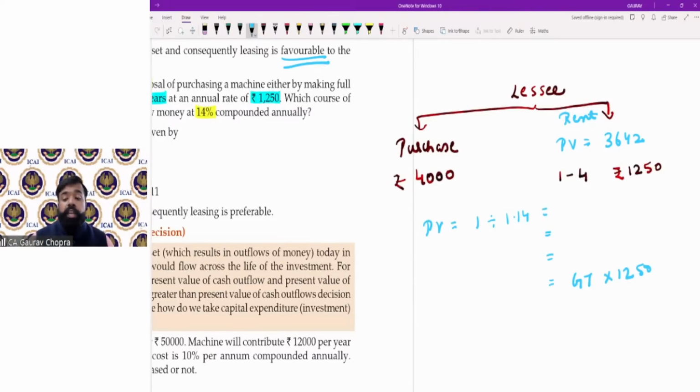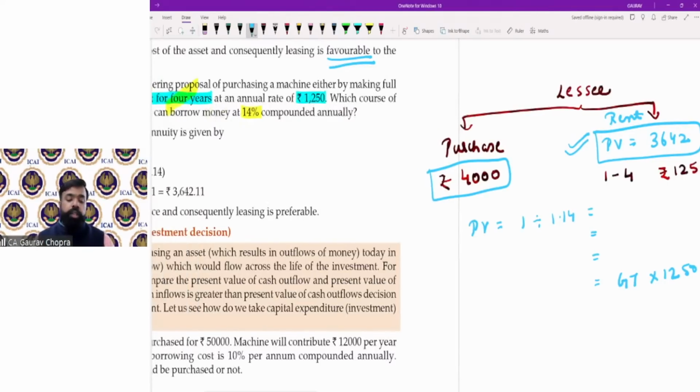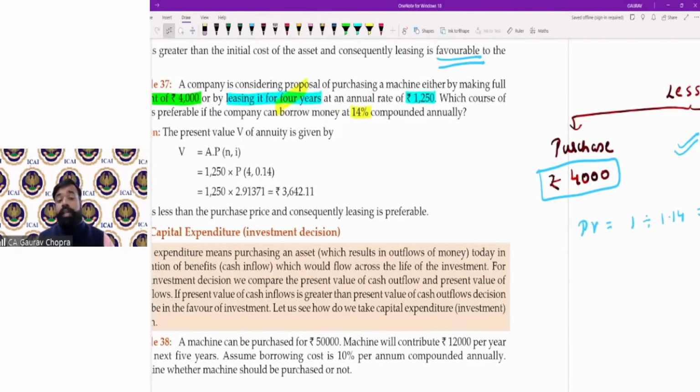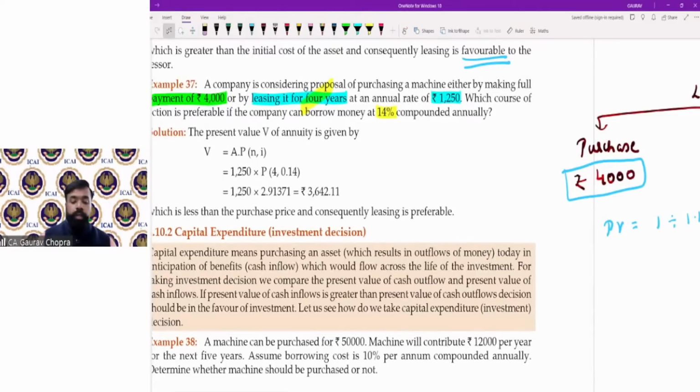But if we purchase the asset, तो कॉस्ट 4000 आती है। So which is beneficial, rent वाला ऑप्शन ज्यादा बेनिफिशियल है, hence he should not purchase the asset, उसको रेंट पे लेना चाहिए. So taking on rent is preferable, the leasing option is better here. All right.